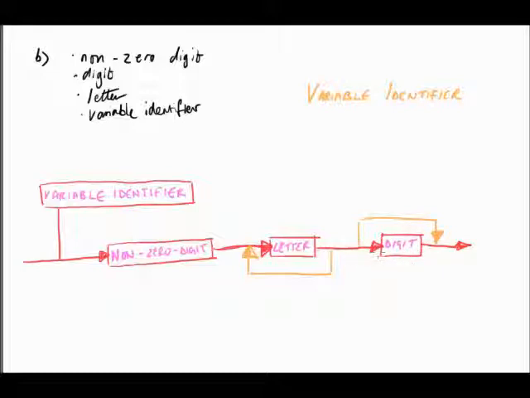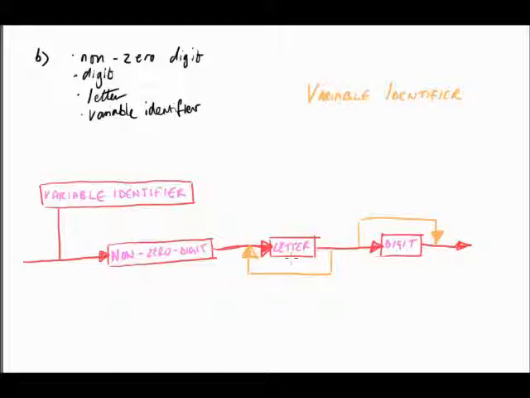One, we can include the final digit, or two, omit the final digit. If we follow the loop, we're going to create a group of letters.